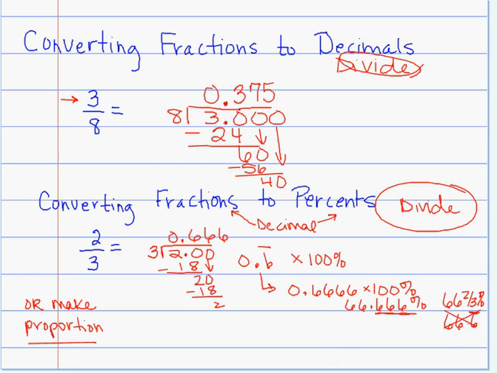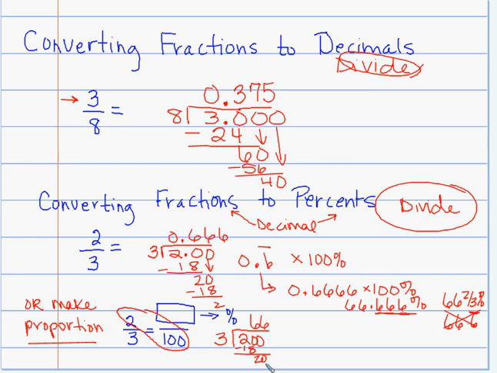Okay, the other thing that you can do is make a proportion. So you're saying 2 out of 3 is equivalent to what out of 100? Okay, and when you solve this, the number you get here is going to be the percent. Okay, and remember, to solve, we can cross multiply, so 2 times 100 is 200, and then we're going to divide that by 3, and we'll get 66.